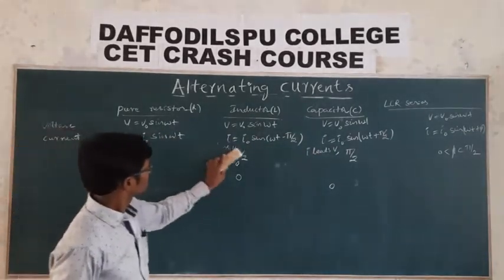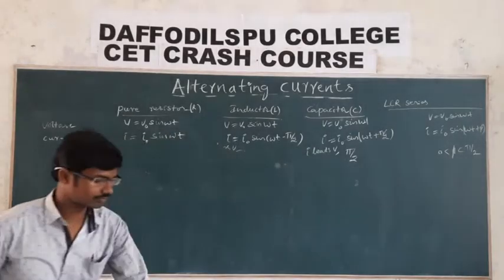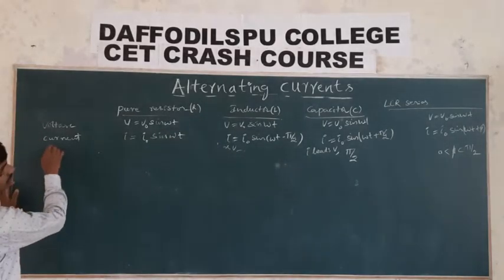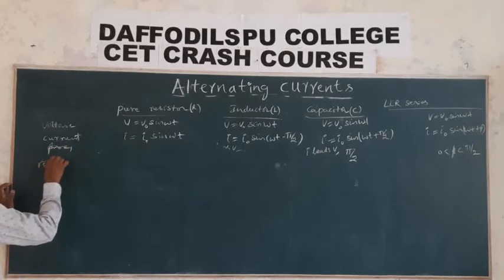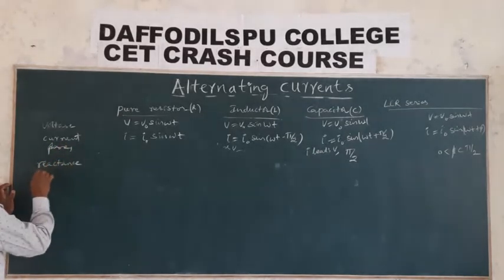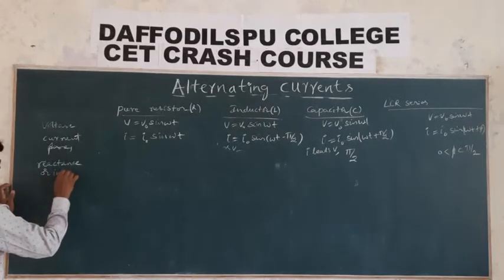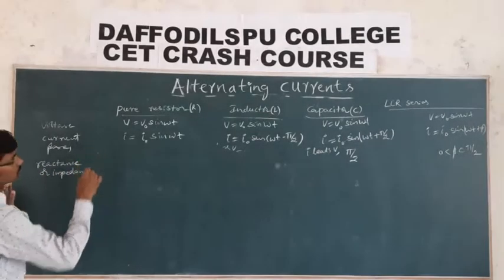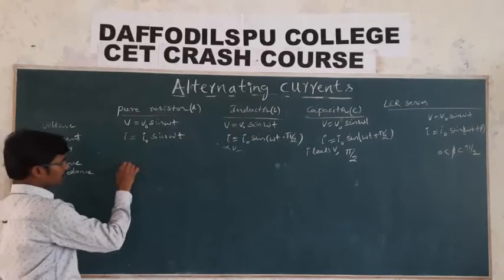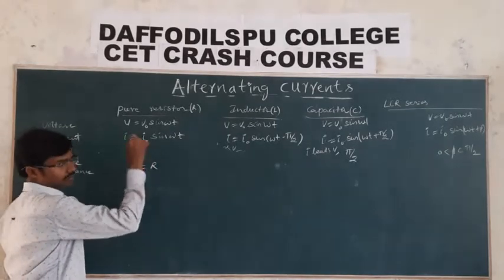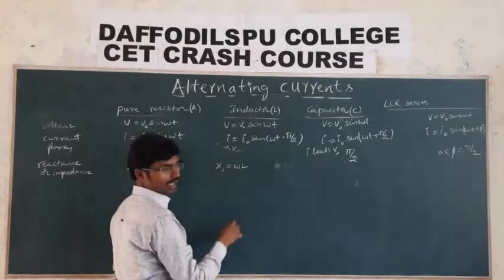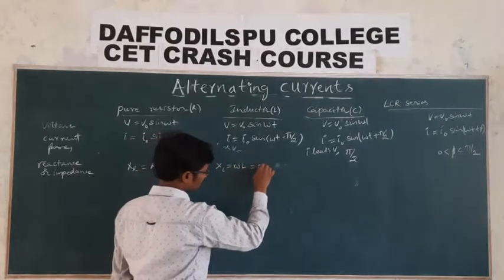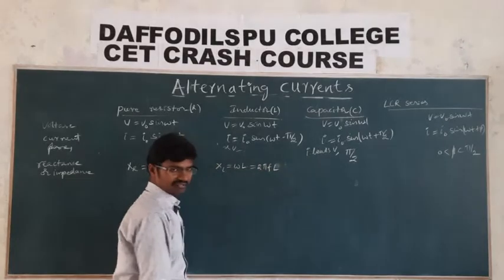Impedance, phase, reactance or impedance. So reactance here for the resistor, XR is equal to R, whereas for the inductor XL is equal to omega L. Omega is nothing but angular frequency, which we can write as 2 pi f.